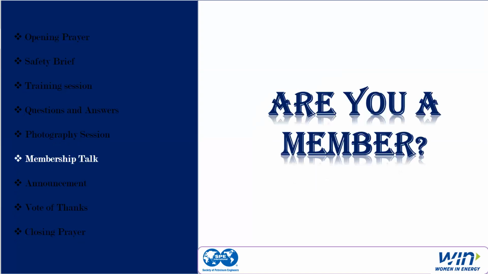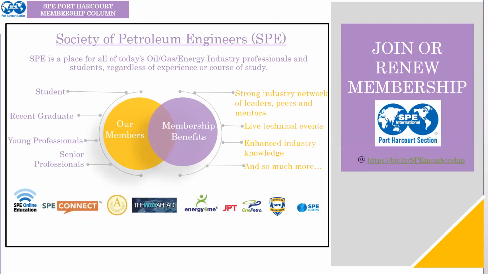So for membership, SP likes to have new members, and if you're not yet a member, please do reach out to the Port Harcourt section to have a membership registered for you. If you're already a member, please renew your membership. Membership is only renewed once a year. We have the student members, the young professionals, and the senior professionals.